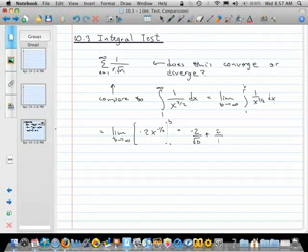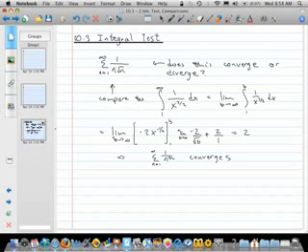Taking the limit, this is 2. Since the integral converges, or is finite, that means the series converges. We don't know where, but there it is.